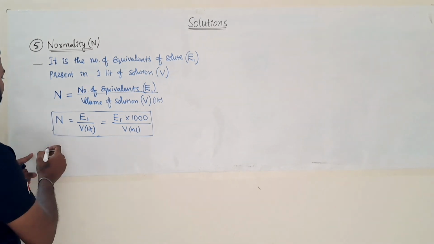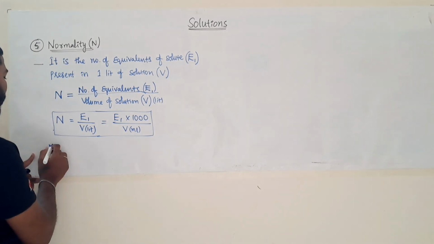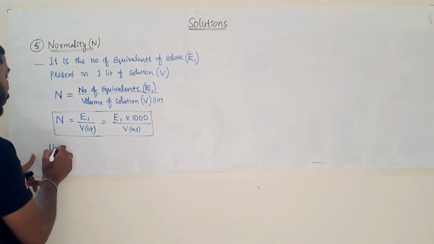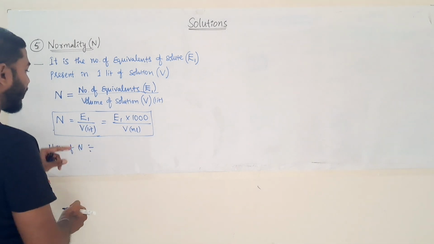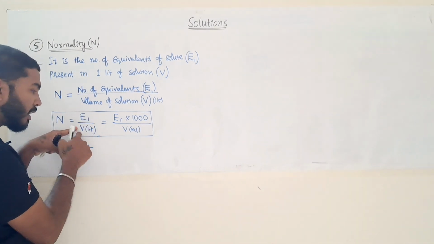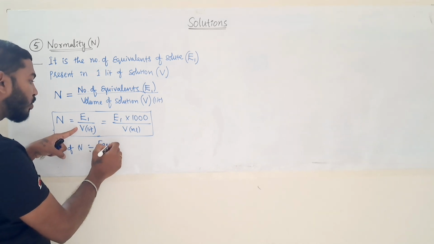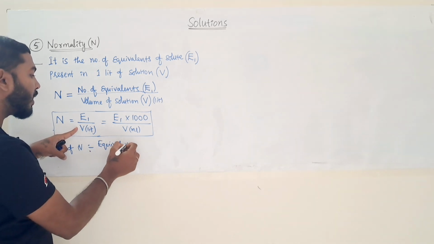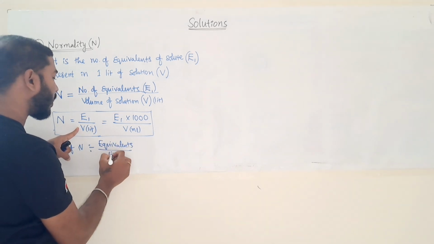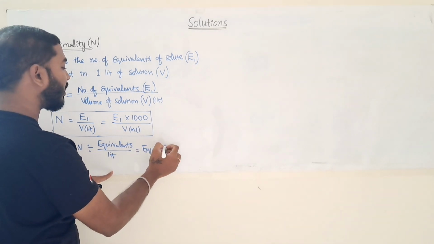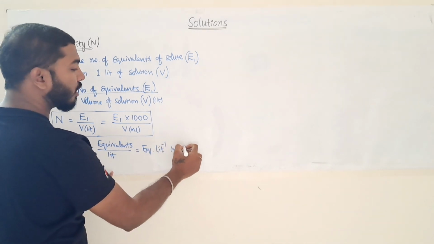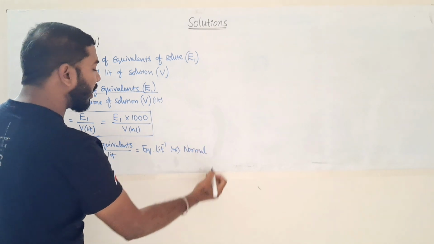Now let's think about the units of normality. The units of normality are going to be equivalents per liter, which we generally write as equivalent liter inverse. In short, we write this as normal.